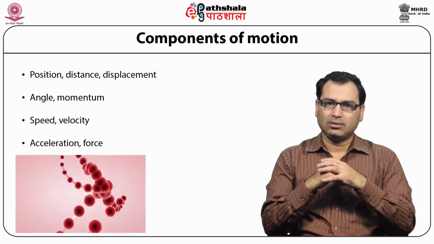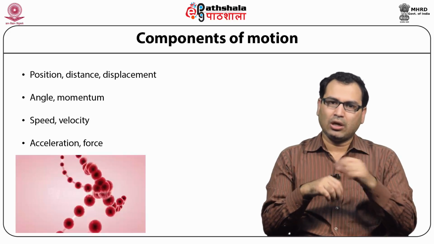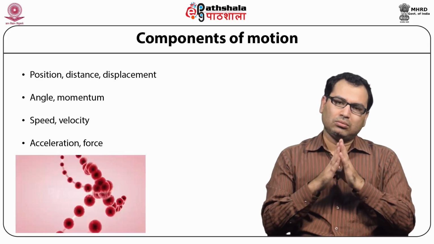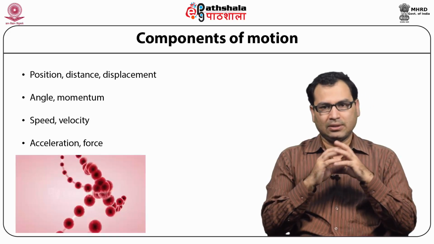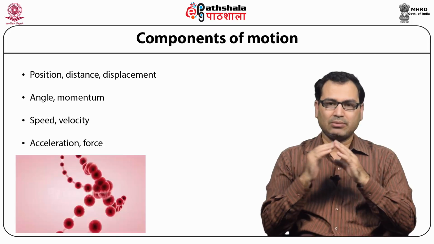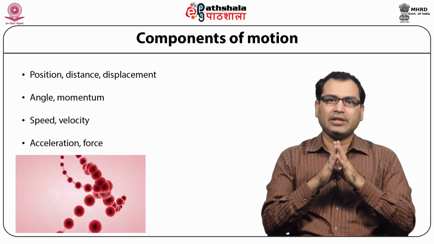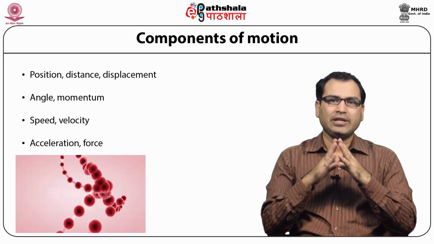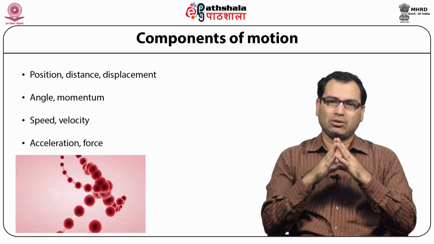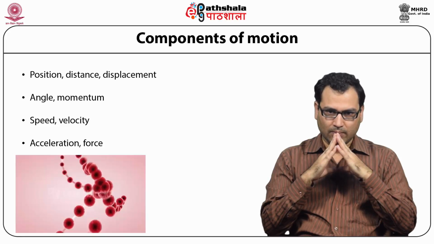So you have these components which are used to describe the motion of a body or a particle. For example, you have red blood cells in your blood. They are always in motion. Now observe closely one red blood cell. Sometimes it is moving along a linear path, sometimes it is taking a different path which is not linear. So it has not only linear momentum and speed, it has velocity also, because it is changing the direction of its motion.